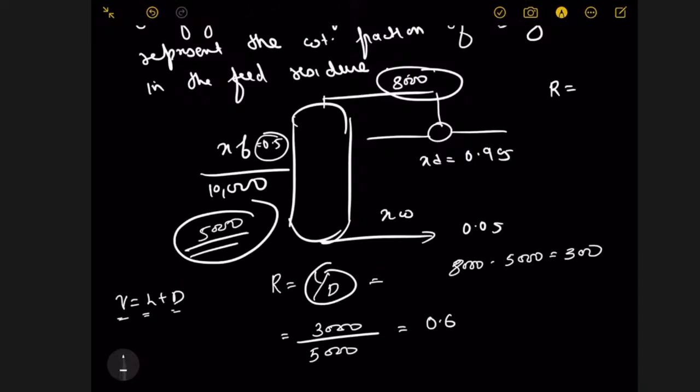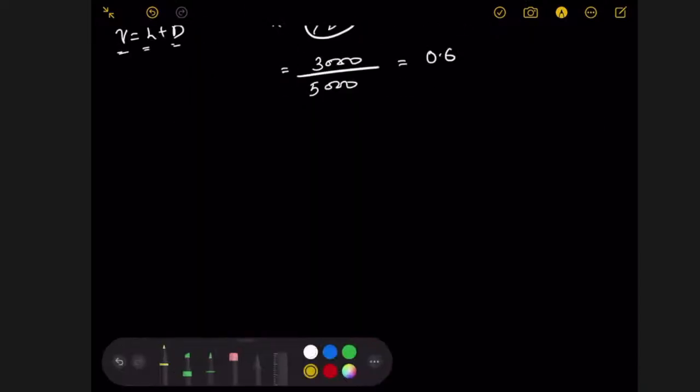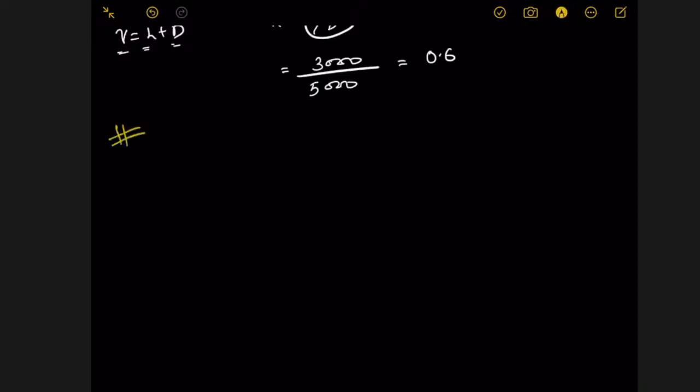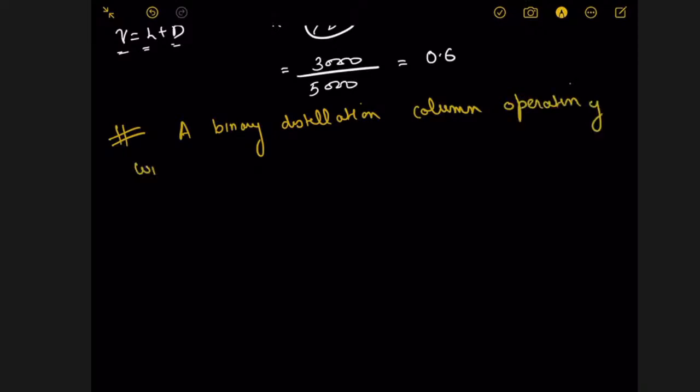Okay. Let's solve one more question to become more comfortable with distillation, because distillation is very important. You can't afford to skip this topic. It is very, very important. A binary distillation column operating with a mixed feed containing 20 mole percent vapor.